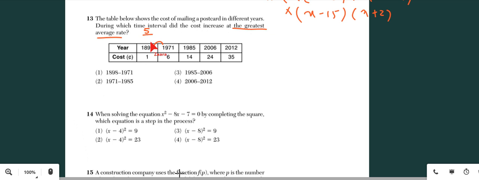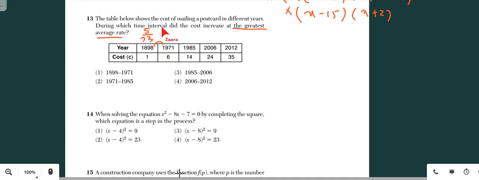Divided by, now it is 1971 minus, can you please change your cursor? I think it is 1898. So what is the difference between them? What's the difference between these two? Negative 73. No, no, positive 73.